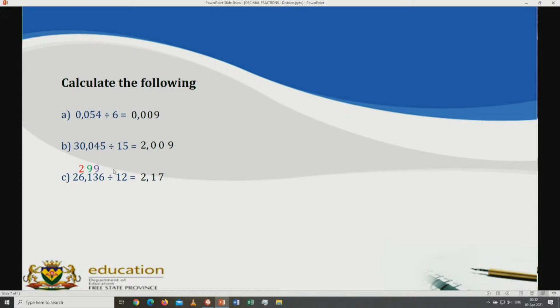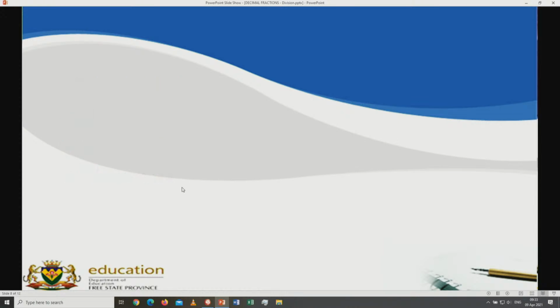And then this 9 hundredths plus 6 thousandths, they will give you 96 thousandths. So 96 thousandths divided by 12, it will be 8 thousandths. So what is our answer? 2,178. Very good.